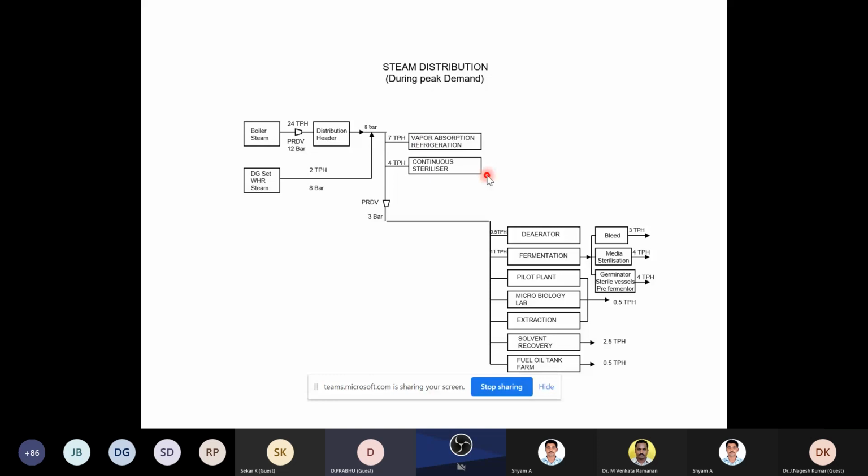As we said, open out the trap, collect the condensate in a barrel or a bucket, and see the time taken. You can find out what is the condensate flow. That will be the steam flow as well. So this is a flow chart, and where you cannot measure, you can calculate indirectly by the MCP delta T method.